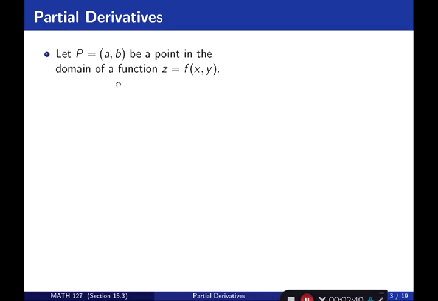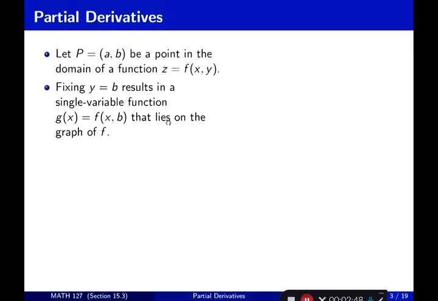So let P equal to a, b be a point in the domain of the function z equal to f of x and y. Fixing y equal to b results in a single variable function g of x equal to f of x and b.